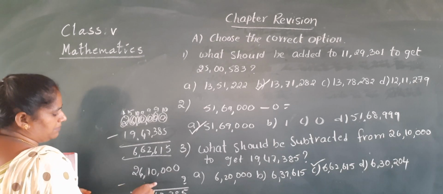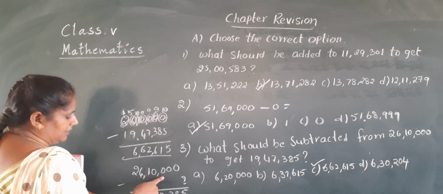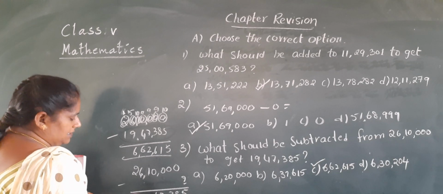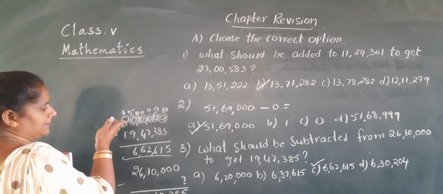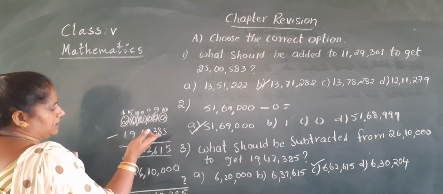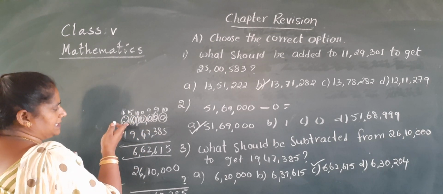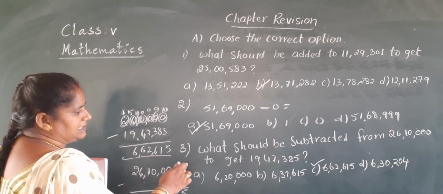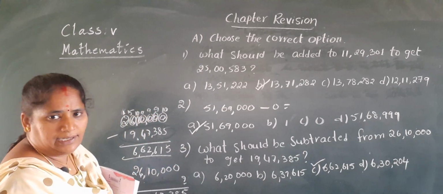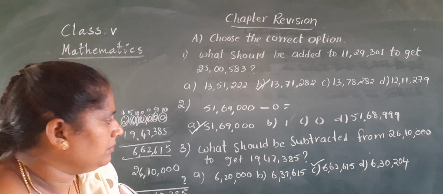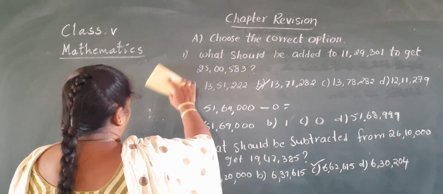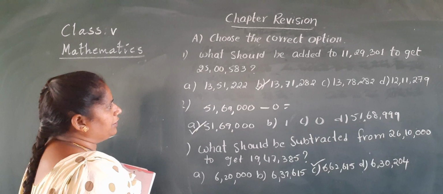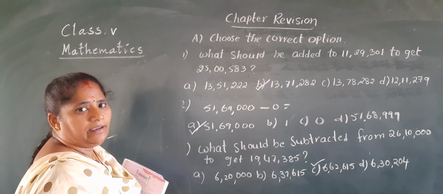So which number should be subtracted from 26 lakh 10,000 to get 19 lakh 47,385 means you subtract this number from this. So this 19 lakh 47,385 subtracted from 26 lakh 10,000, then we can get that answer. So this number is 6,62,615. Okay? Is it clear to you? Now come on, all of you tick in your textbook. Okay?